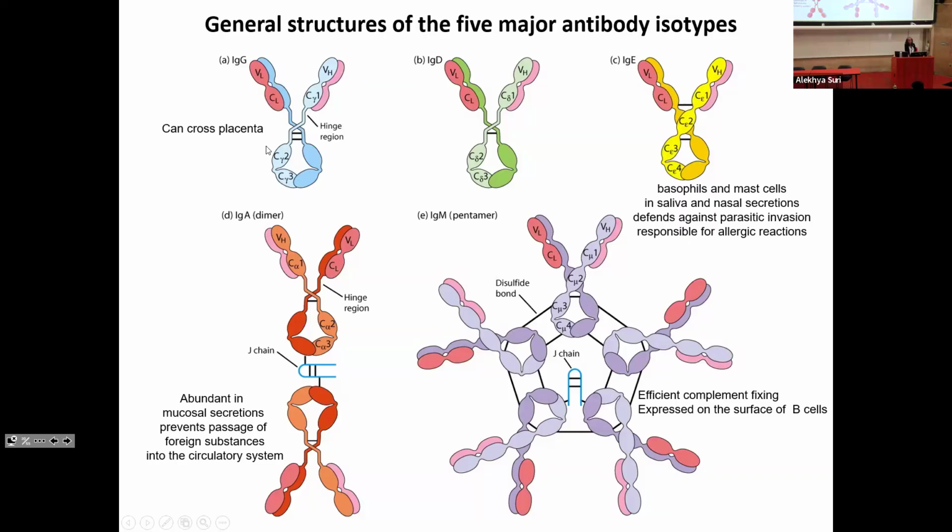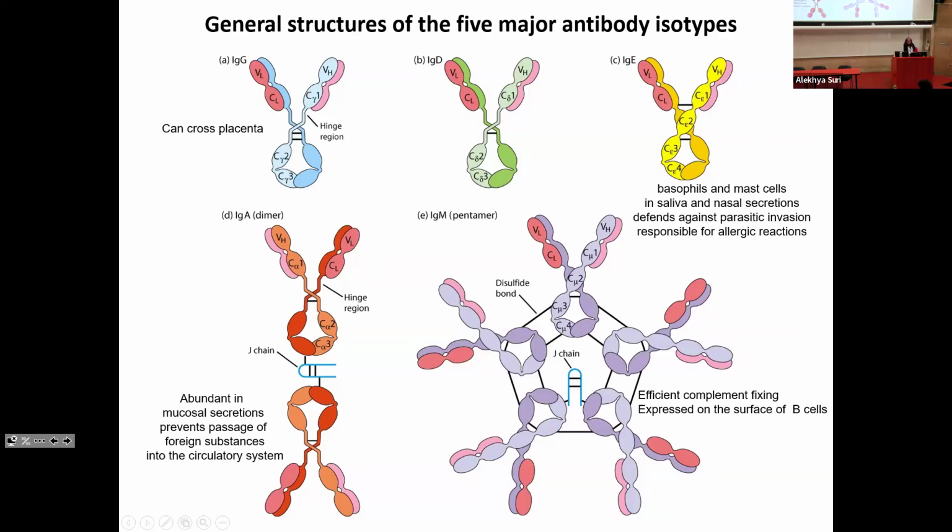For example, IgG can cross the placenta. IgE is more involved in allergic reactions. And in terms of protection, it is important in protection against these large parasitic infections, since they can activate cell types that can get rid of these parasites. IgA is a dimer. IgA is usually found in secretions in mucosal sites.